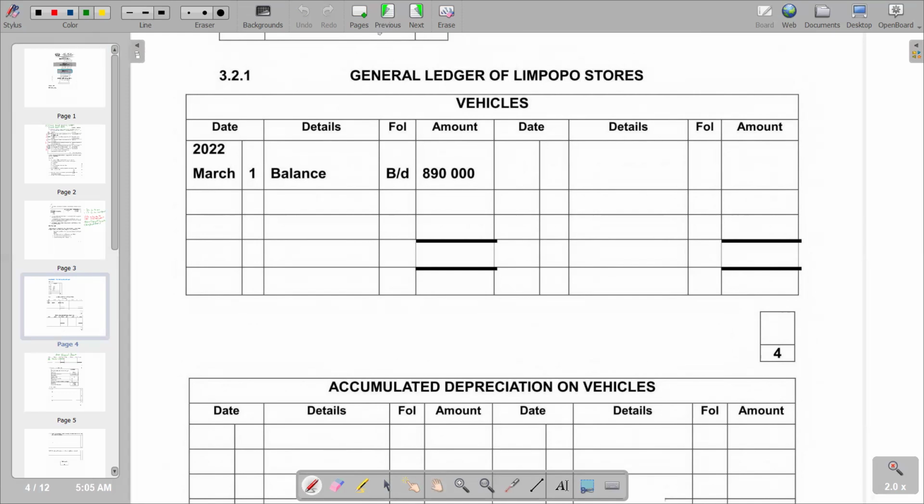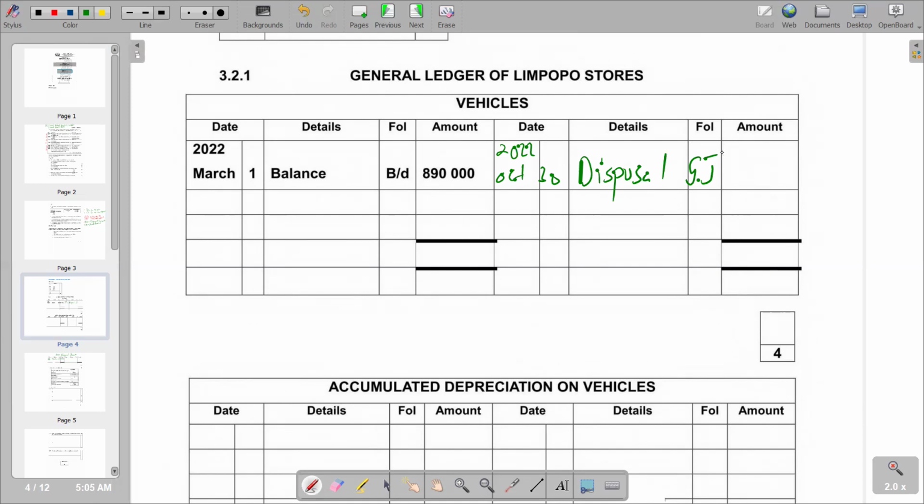So we just write here 2022 October 30, and we write disposal. And on disposal, we take this again from the general journal, and the amount is 400.